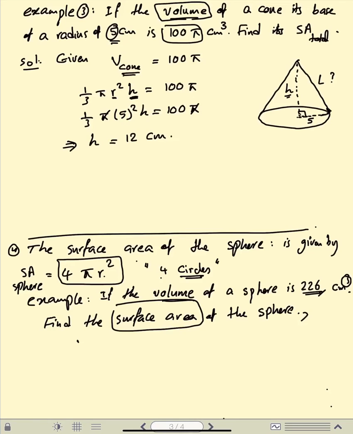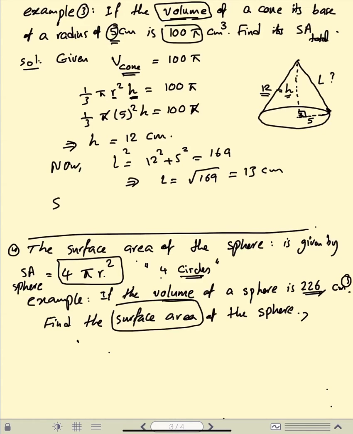Now we know h, it's 12. So this is the right angle triangle, so we can find l now. L squared is equal to 12 squared plus 5 squared, which is 169. So l is the square root of 169, which is 13 centimeters.